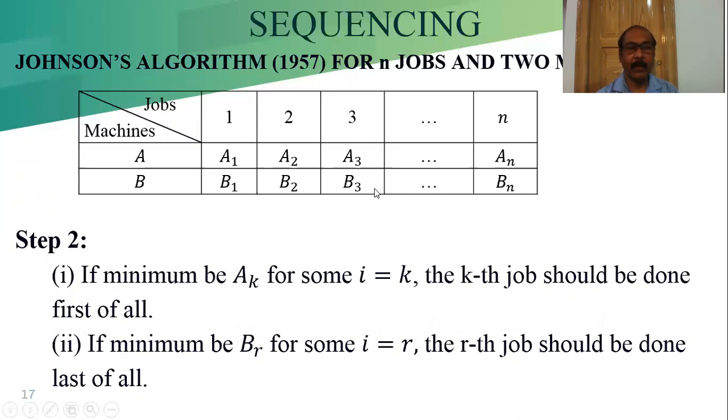Now at the same time, maybe the minimum occurs for machine B. Let us consider that Br is the minimum value for machine B. We already said Ak for machine A, if it is the minimum, the kth job should be started first, and for the minimum Br, for i equal to r, the rth job should be started at the last. So in this case, we can say the minimum for machine B should be started at the last, and the minimum for machine A started first.